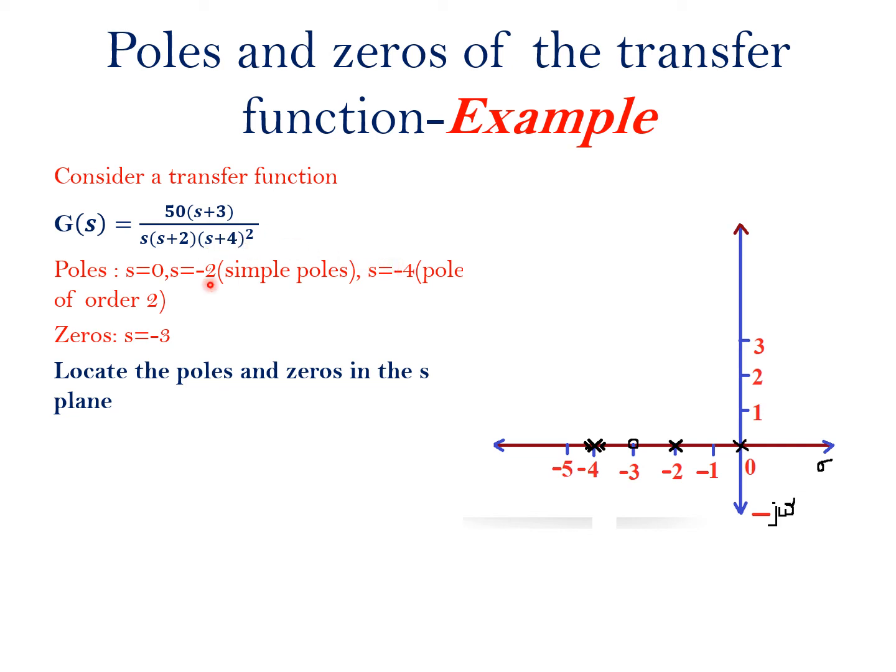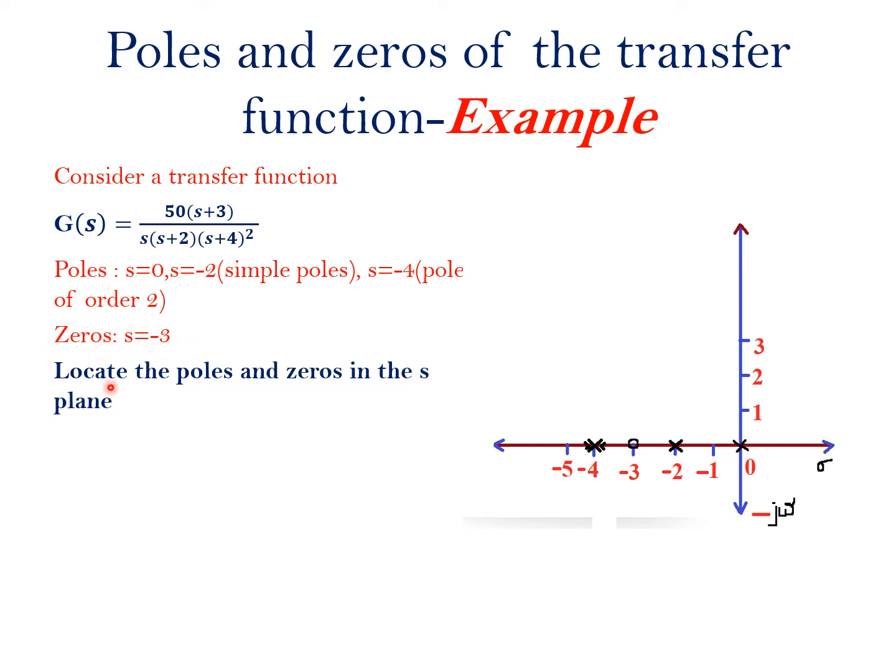So the poles are s = 0, and s + 2 = 0, that is s = -2, which is a simple pole. Then s + 4 = 0 gives -4, a pole of order 2. And the zero is s = -3.